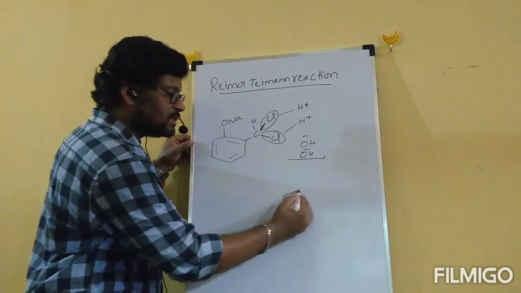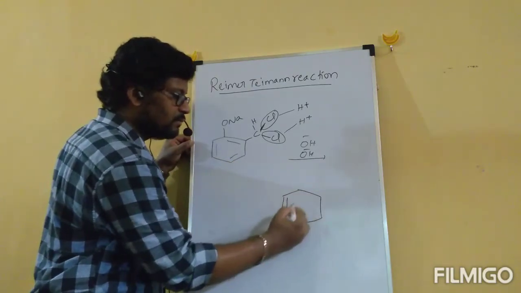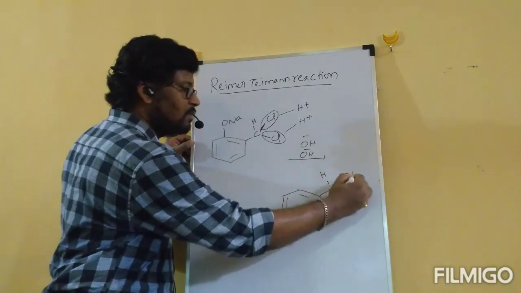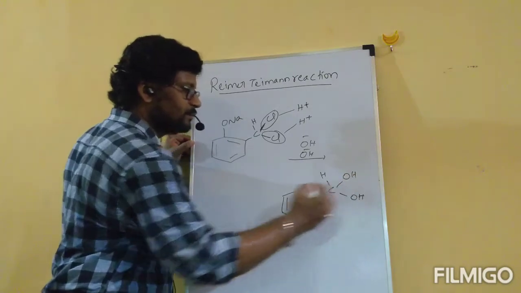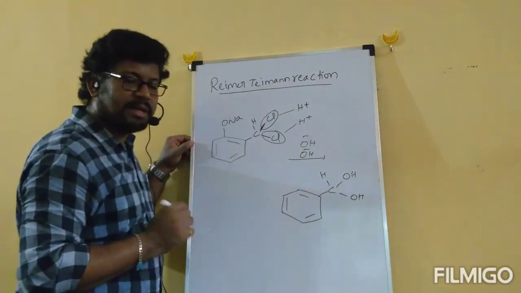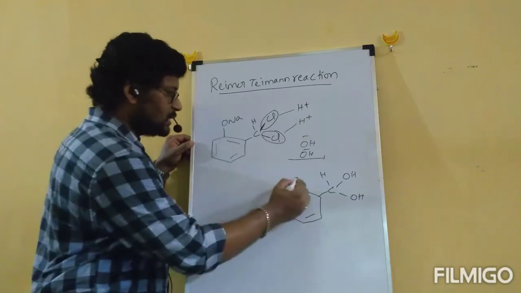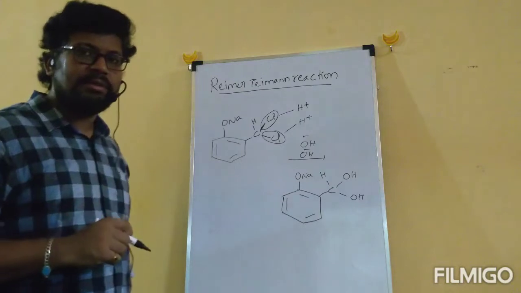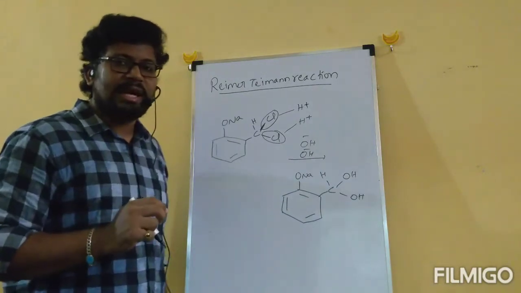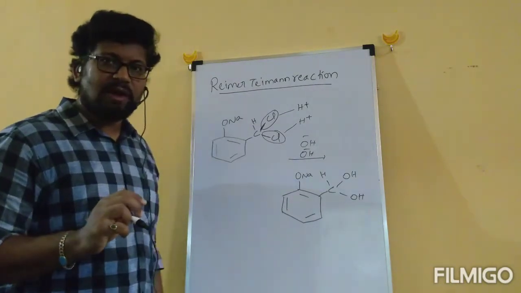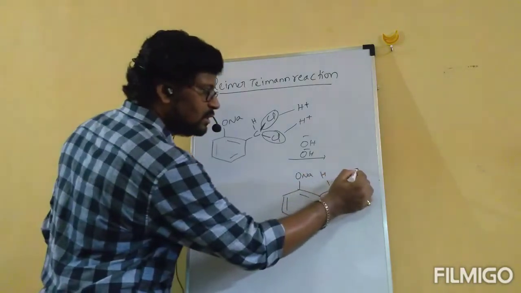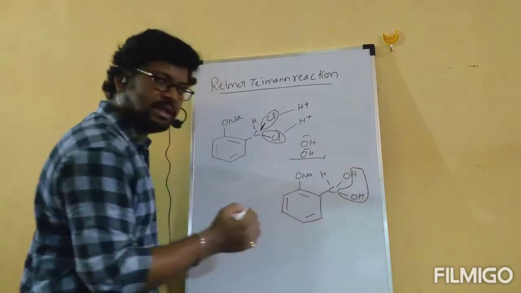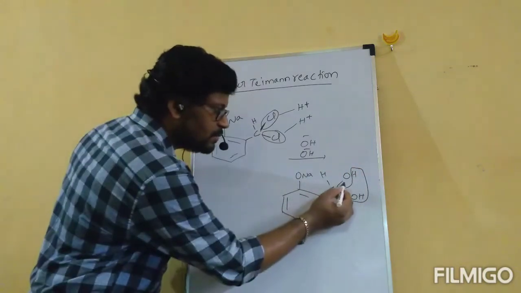Then we will get the substance, that is CHOH, with two OH groups. But we know this ONa is also there. We know that with two OH groups on the same carbon, the carbon will not be stable at all. Then what will happen? From this hydrogen and this OH, H2O will be evolved, and we will get a double bond here.